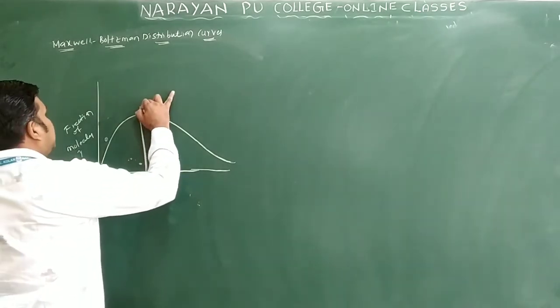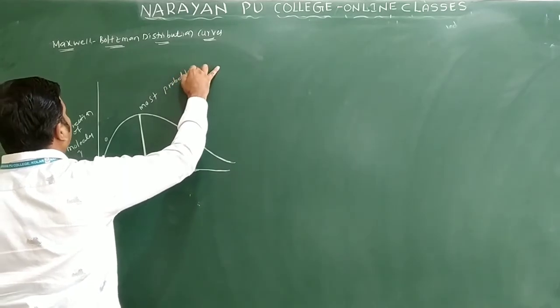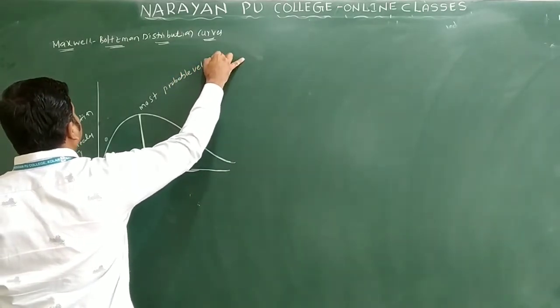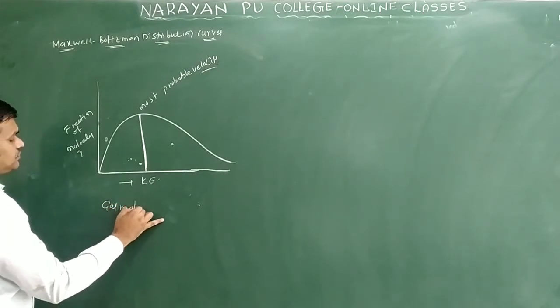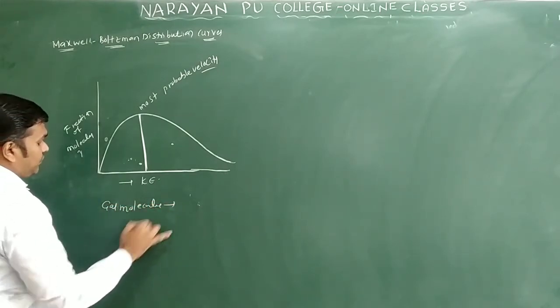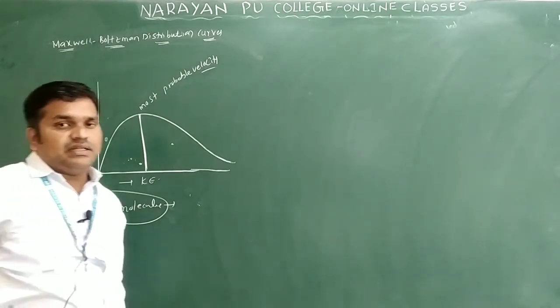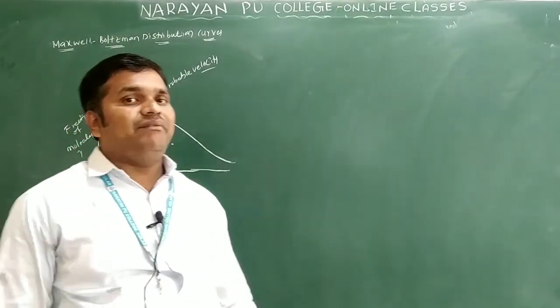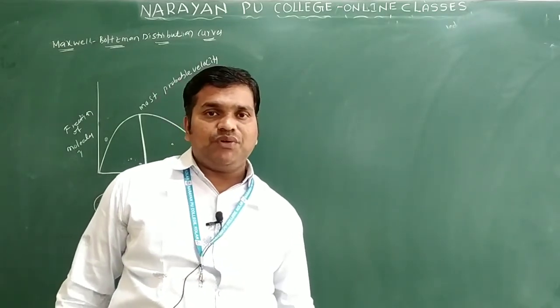This point we are calling the most probable velocity. If we take gas molecules, suppose in a container some gas molecules are there. All gas molecules do not have the same kinetic energy. Different gas molecules have different kinetic energy.